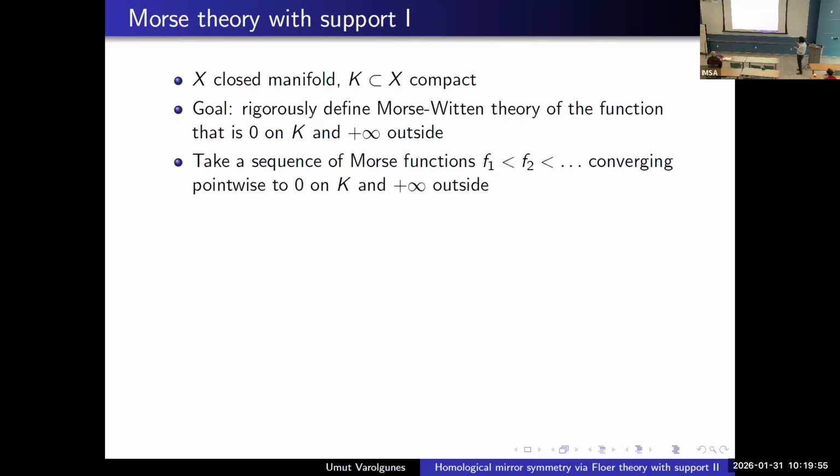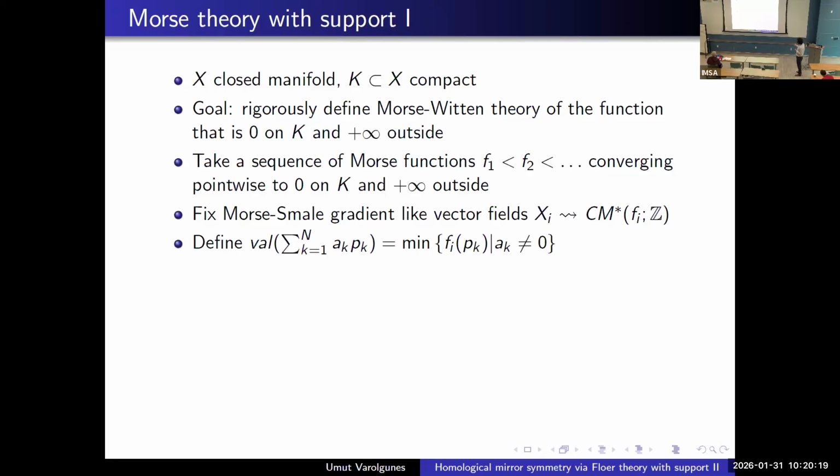What you imagine we should do is we take a sequence of Morse functions, F1, F2, which are increasing pointwise, and they converge to 0 on K and infinity outside of K. Each of these, if I also fix some gradient-like vector fields, I can define their Morse complex. So I make that choice.